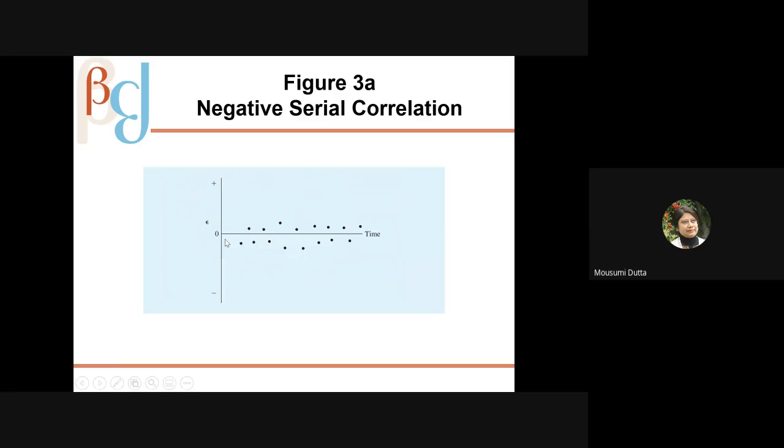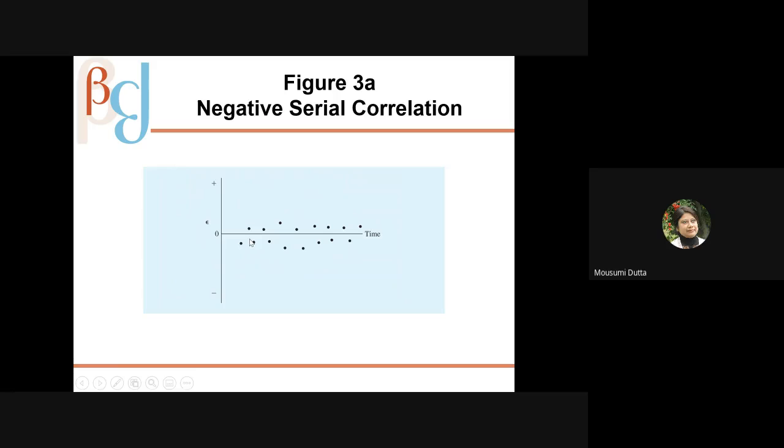This is an example of negative correlation. Here this is observation 1, which lies in the positive quadrant. Observation 3, negative quadrant. Observation 4, positive quadrant. So if you consider the shorter run, the subsequent observations, you are finding that their sign is changing.